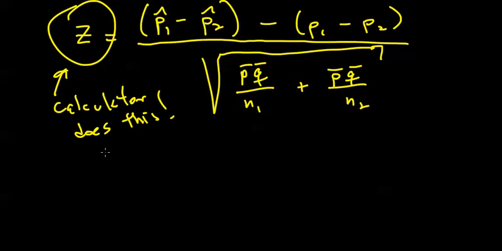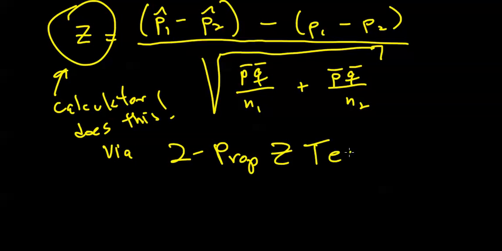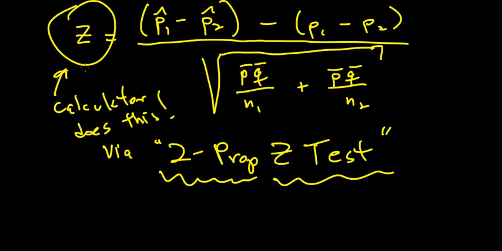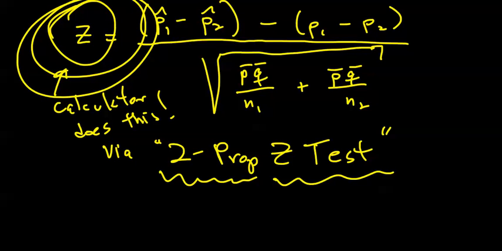The calculator does this via the 2-Prop ZTest. Remember it's the 2 prop because we're dealing with 2 proportions from 2 different populations, and Z-test because this operator bases its values on a z-score or z-value. Okay?